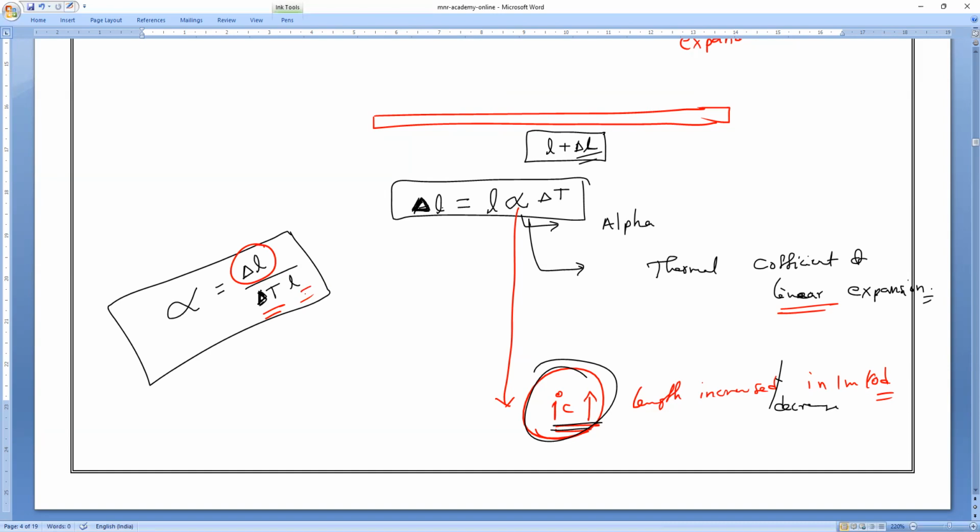I hope you are all clear. For a 1 degree rise in temperature, how much length is increased or decreased in a 1 meter rod? That is called the thermal coefficient of linear expansion, alpha. Remember, this is only for when the rod is free to deform in any direction. This is the formula for calculating the change in length. All of you remember that.